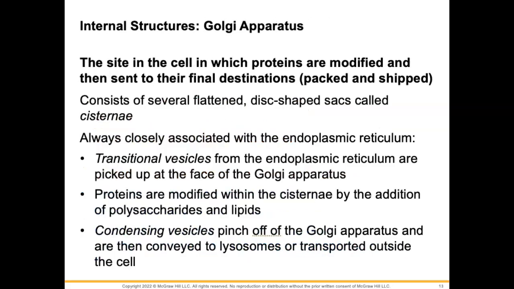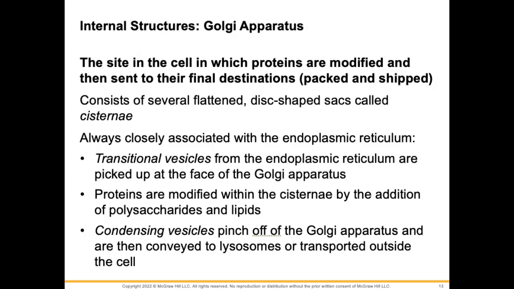And then when we jump back to the Golgi apparatus, it's where the product is packed and shipped, right? So when we think of the Golgi apparatus, it's finally packed and put into the trucks and sent to where it's going to go. So when it says the site in the cell in which proteins are modified and then sent to their final destinations, think of Golgi apparatus.